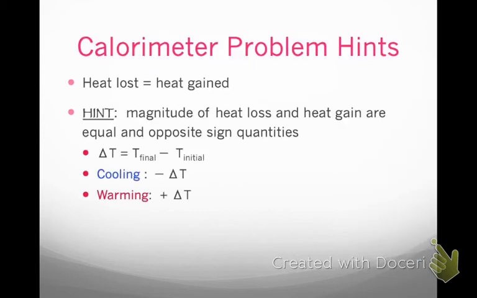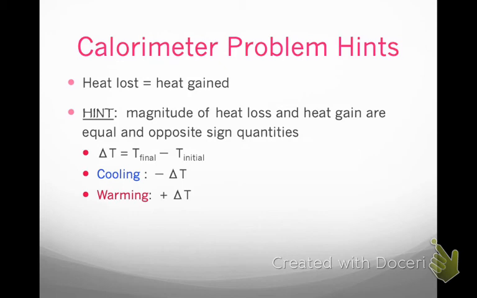So I want to just give you some hints when you're working out these problems. Remember that heat lost is always equal to heat gained. But I want you to think of it in terms of the Q of the system and the Q of the surroundings. So the heat that's lost is equal to the heat gained, but we're going to have a change in sign there.